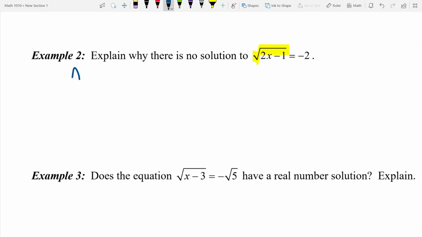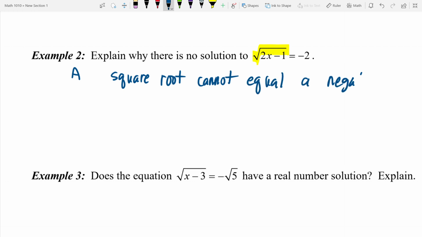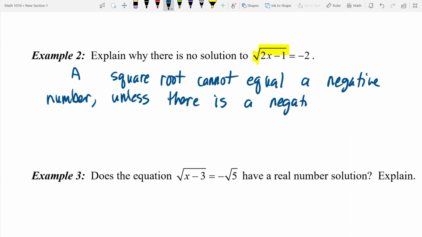I'm just going to say A square root cannot equal a negative number, comma, unless there is a negative in front of the square root.